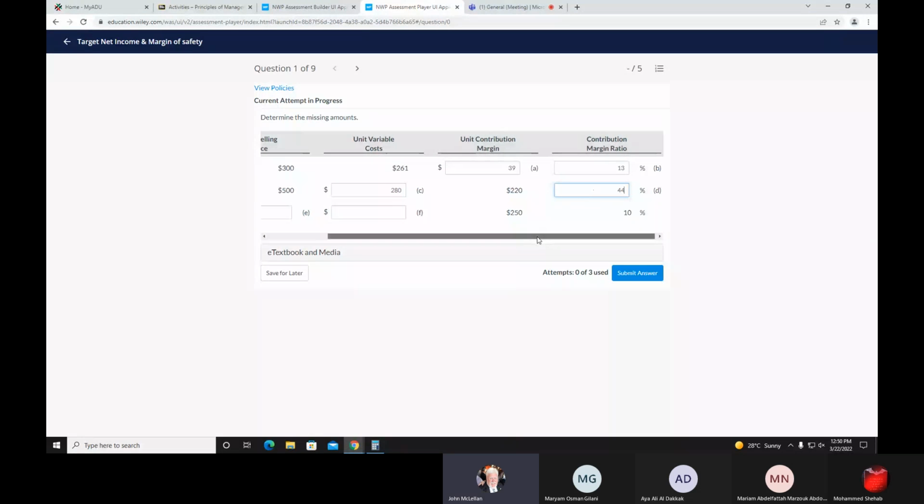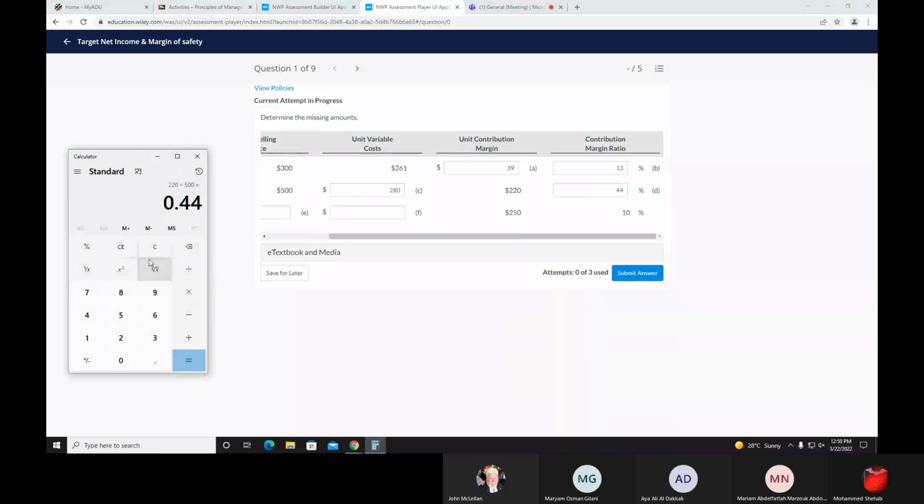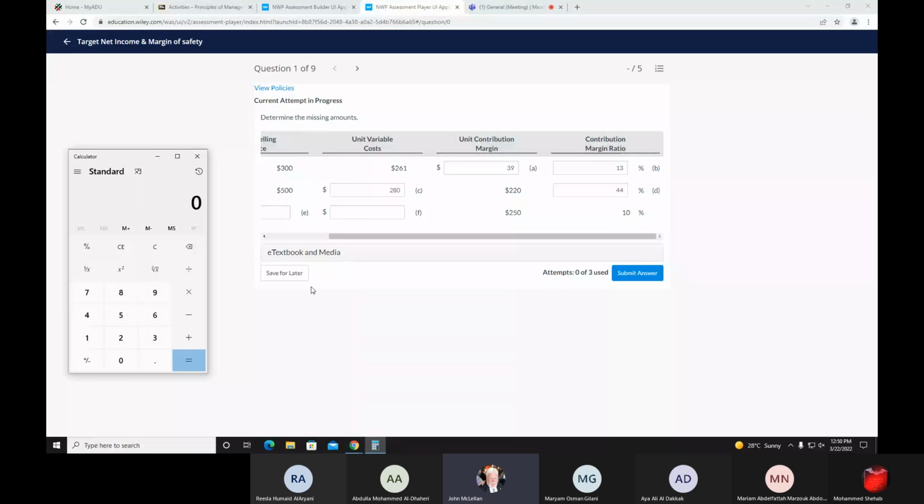Okay, good. Now, unit sales, unit variable cost, we don't know, but we have the contribution margin and we have the percentage. So we can get the sales by dividing the unit contribution margin by the ratio. And that way we get the total sales.